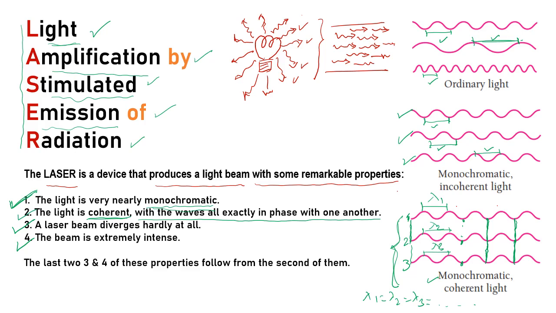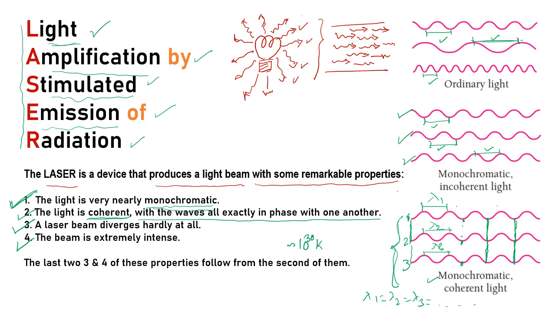For a laser, the energy stored in the beam per unit volume is very high. If you compare it with any ordinary light, to achieve such a high energy density, you would need that object to be at a temperature of around 10 to the power 30 Kelvin.